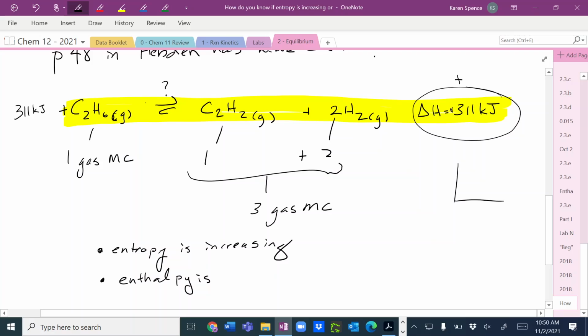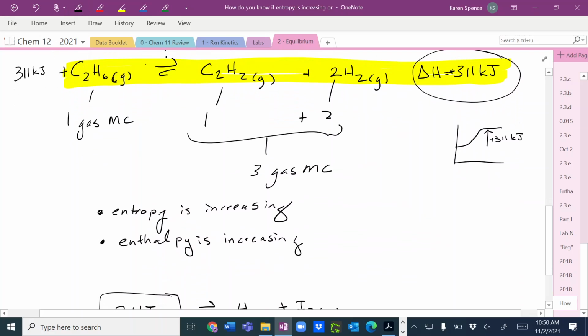Well, if this is a positive value, we have to be starting low and we have to be finishing 311 kilojoules higher, right? We have to go up 311 kilojoules. And so enthalpy is increasing.